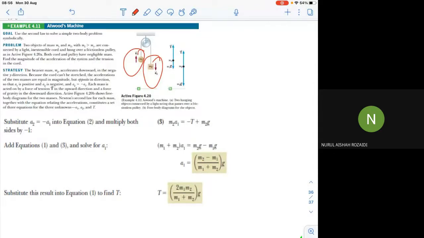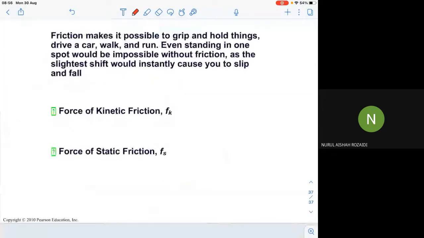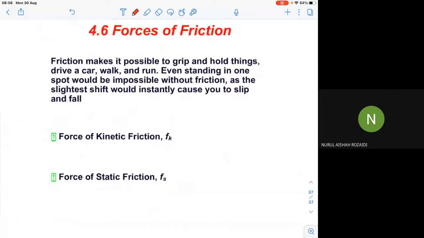InsyaAllah. Okay. And then lastly about the forces of frictions. Okay, so nanti kita akan tengok. Okay, please watch the pre-recorded videos, and please watch my recorded videos. Okay, after Wednesday, insyaAllah saya akan upload dalam Google Classroom, then you can watch. Tolong tengok dengan baik.